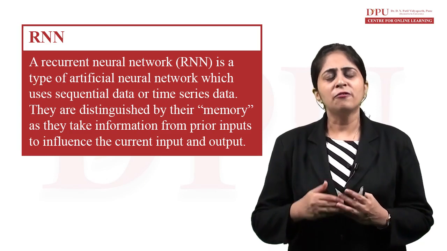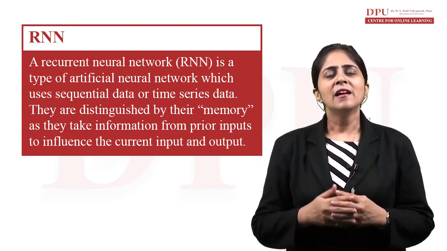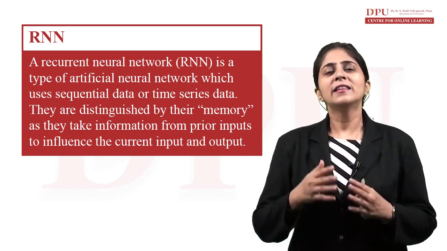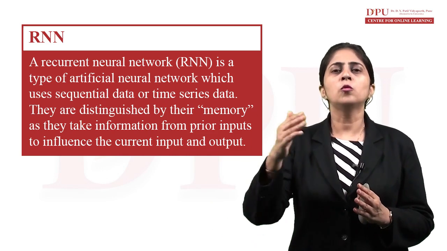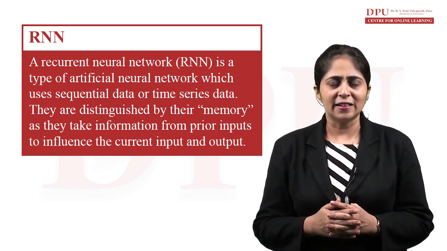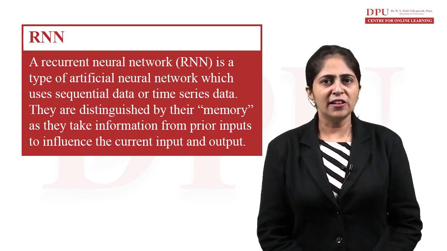So, in this, we are providing the feedback paths. That means, in a recurrent neural network, the output of one layer can be fed back to the input of another layer. So, that means there are feedback paths in our recurrent neural network.